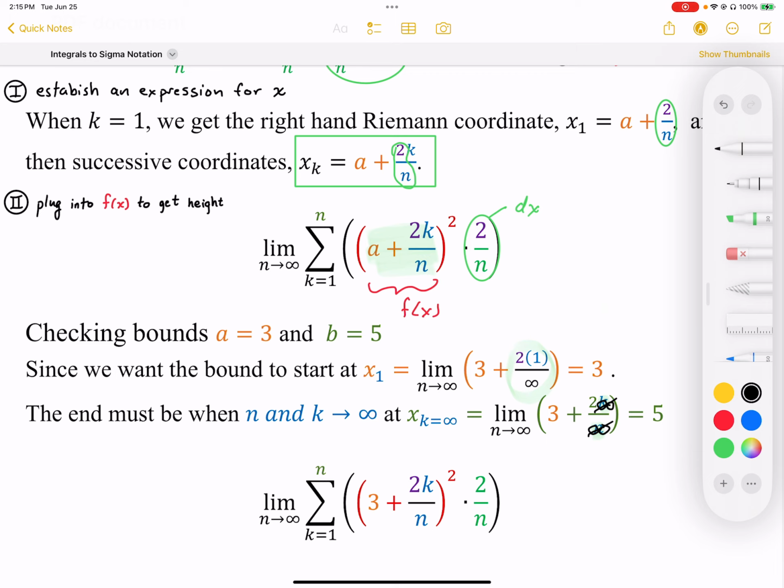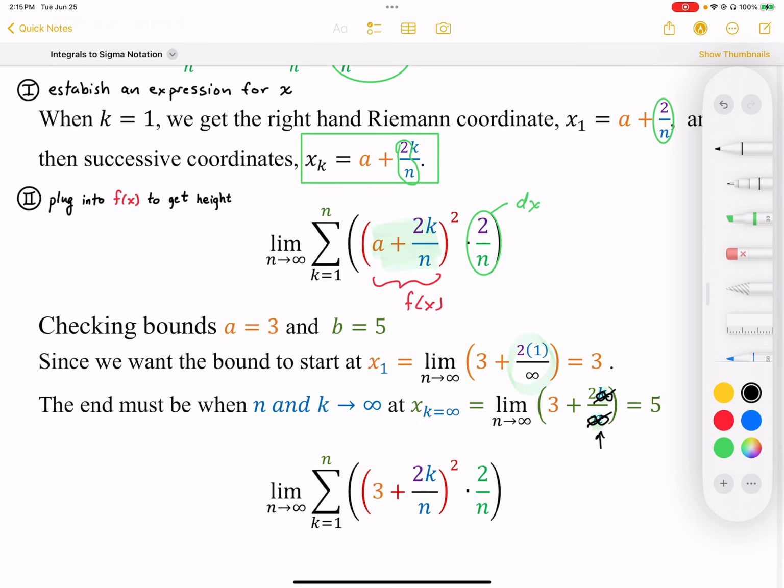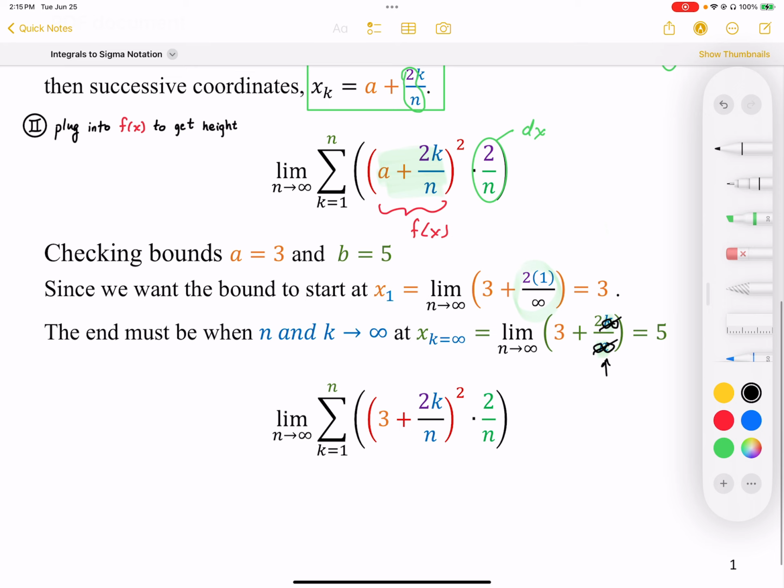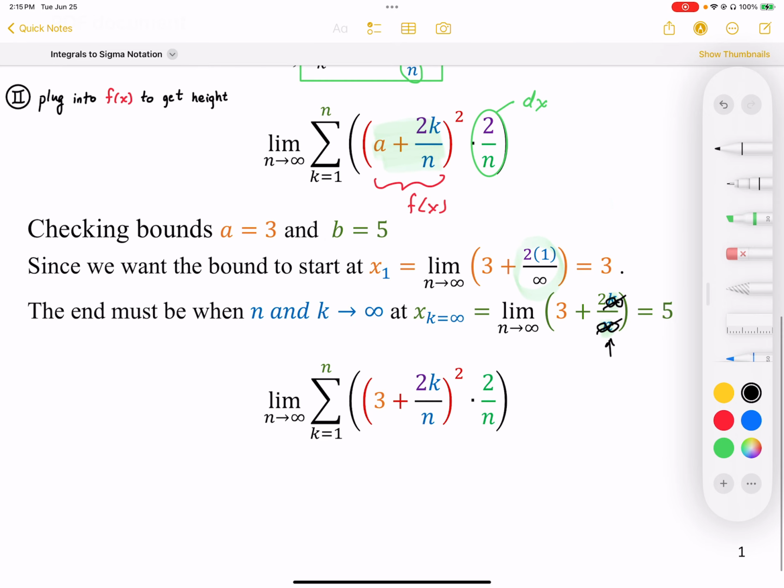Now, in this case, we let it equal infinity, but as long as k and n are equivalent, those terms will always cancel out. So at this point, we can see that our bounds are correct. We're going to start at 3, end at 5, and then we can come up with our expression here.